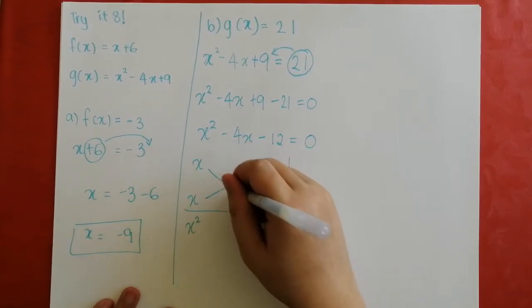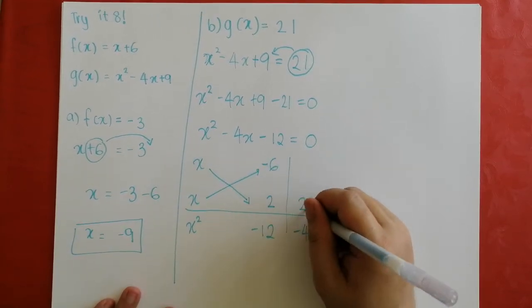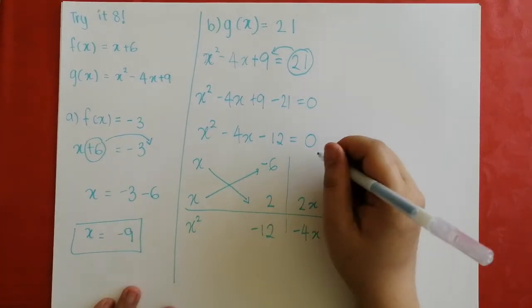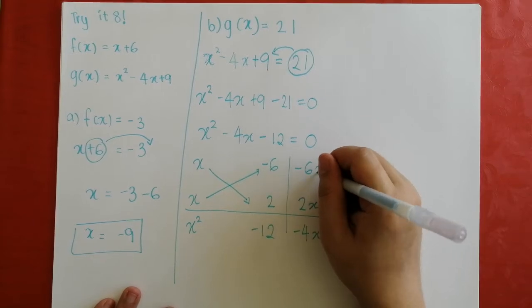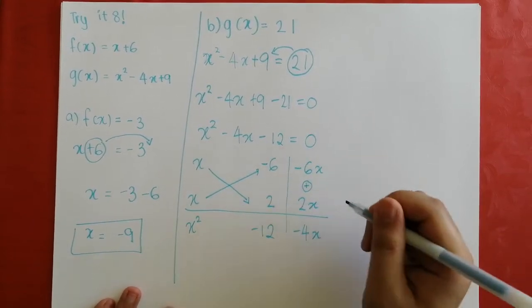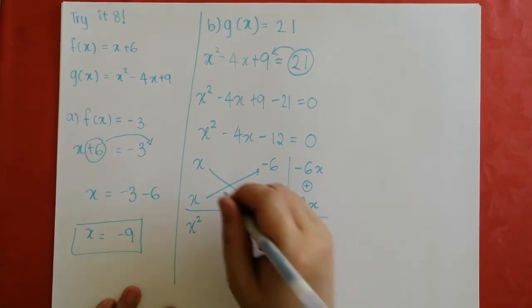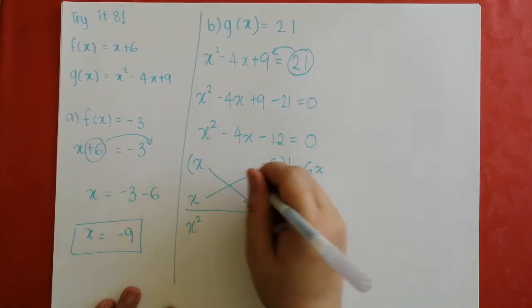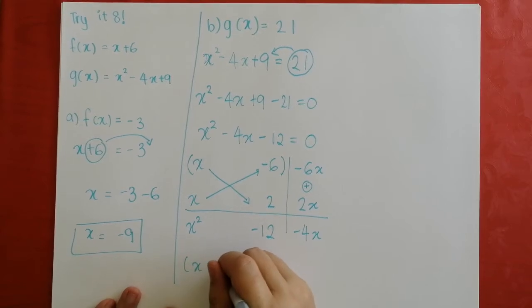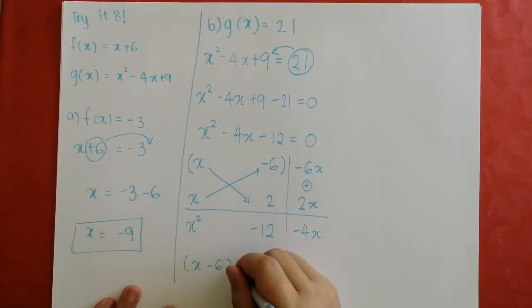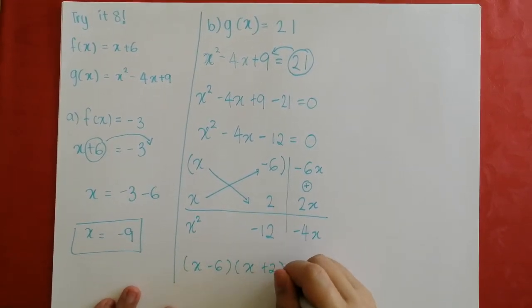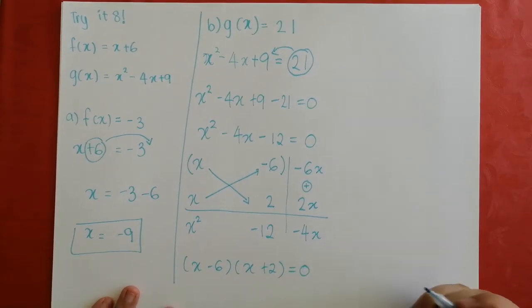Cross multiply: x times 2 is 2x, x times negative 6 is negative 6x. When you add them up, negative 6 plus 2 gives you negative 4. So rewrite the factors: the first factor x minus 6, and the second factor x plus 2, and it is equal to 0.